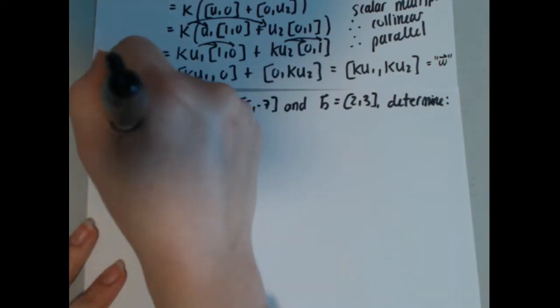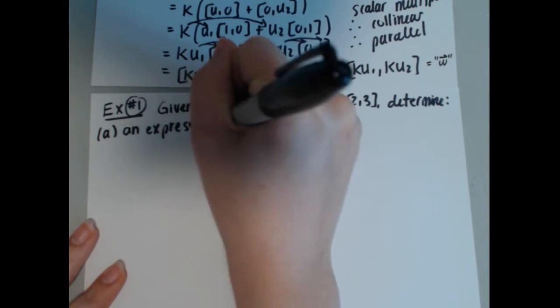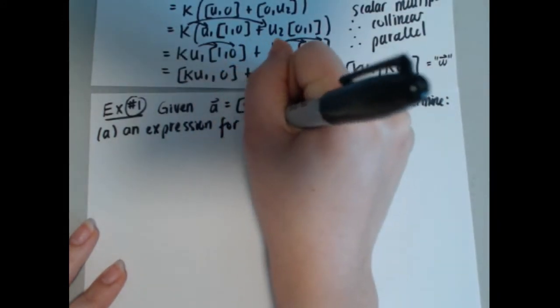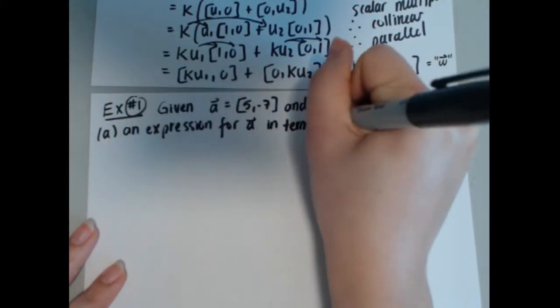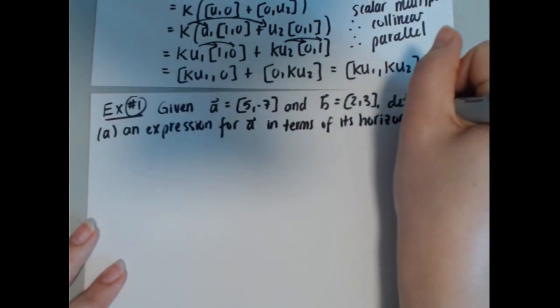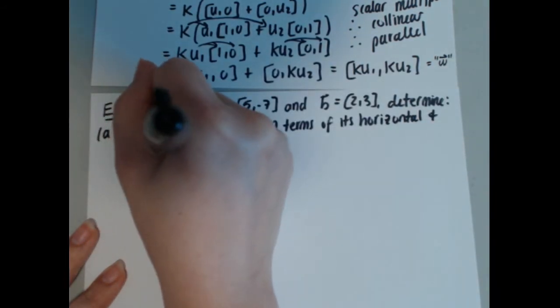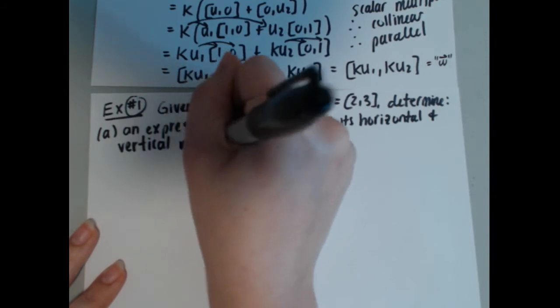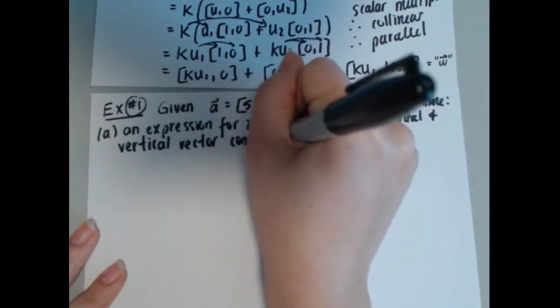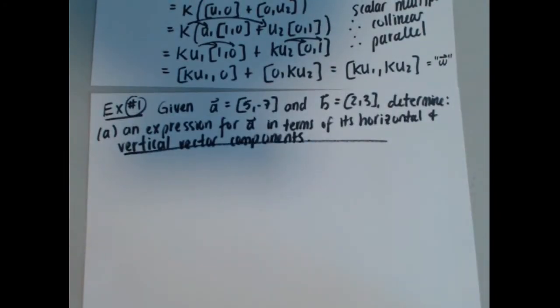Part A, we have to determine an expression for A in terms of its horizontal and vertical vector components. All right, horizontal and vertical vector components. So those are the x and y pieces, essentially.